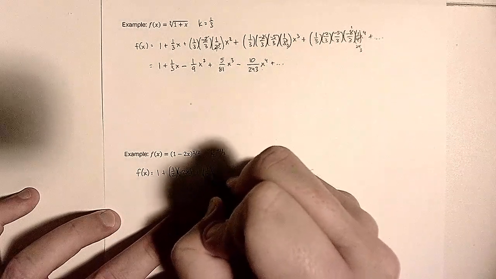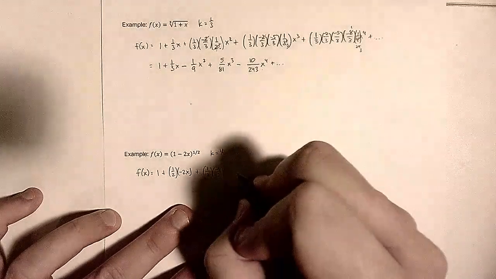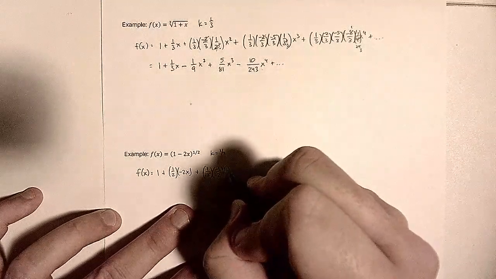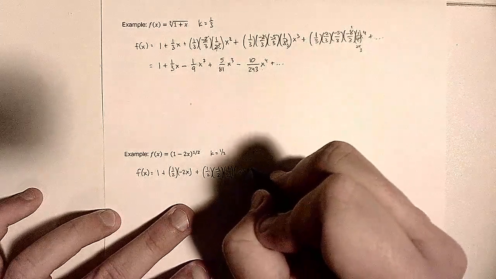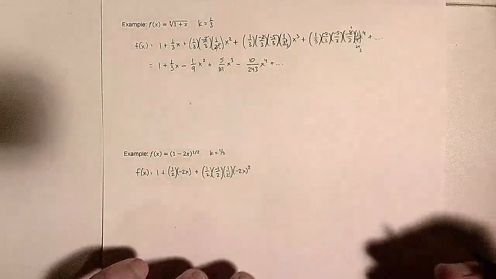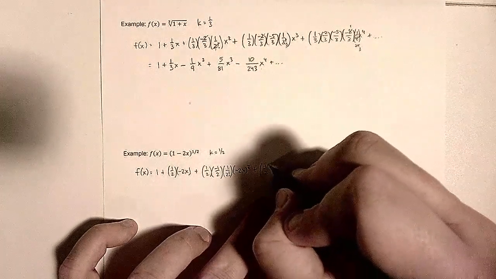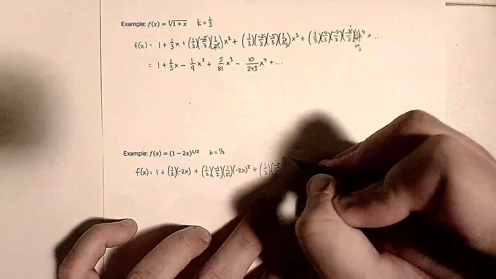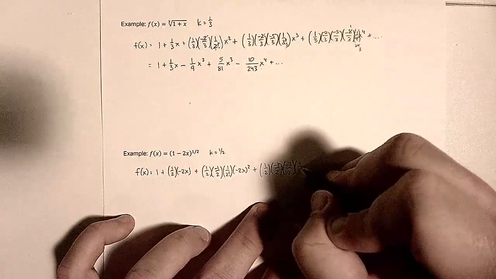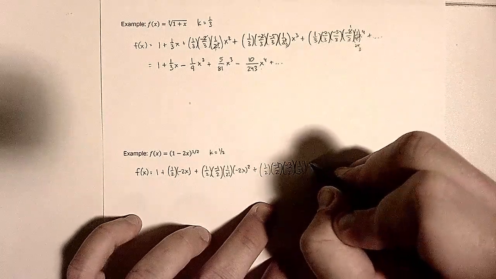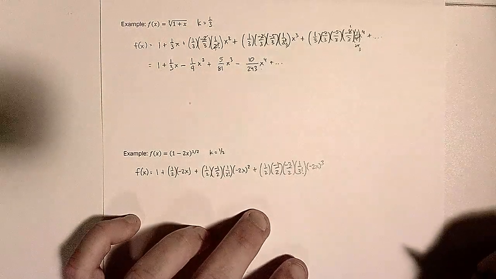Again, same thing, 1/2 minus 1 is negative 1/2. 1 over 2 factorial. And we have negative 2x squared. Plus, once again, 1/2, negative 1/2, negative 3/2, 1 over 3 factorial, minus 2x cubed.